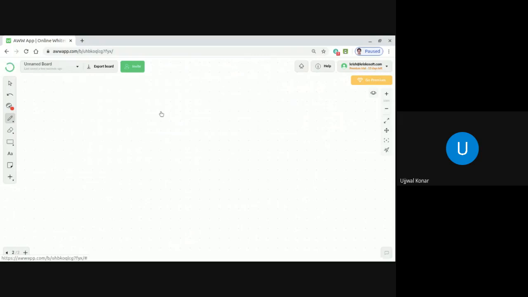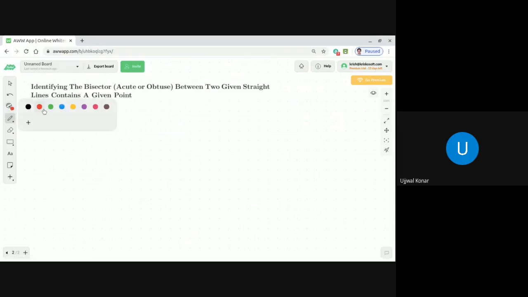Suppose that two straight lines have been given. So let's draw these two straight lines something like this. One is the green one, as you see. Let me draw it properly. And the other one is the blue one, that is L dash, and the green one we can say is L. Okay.